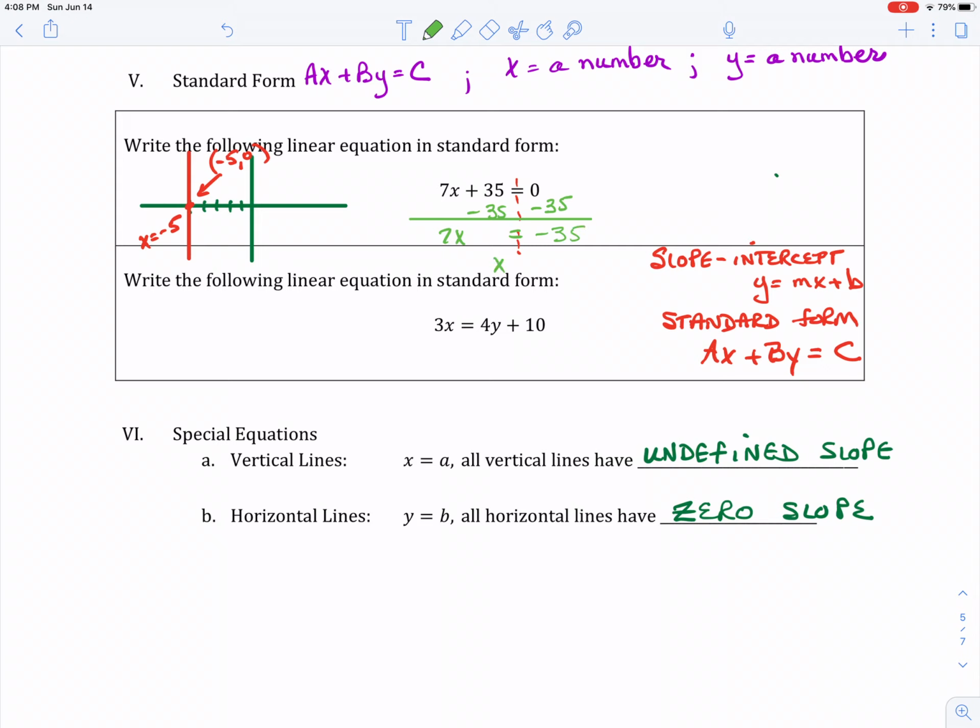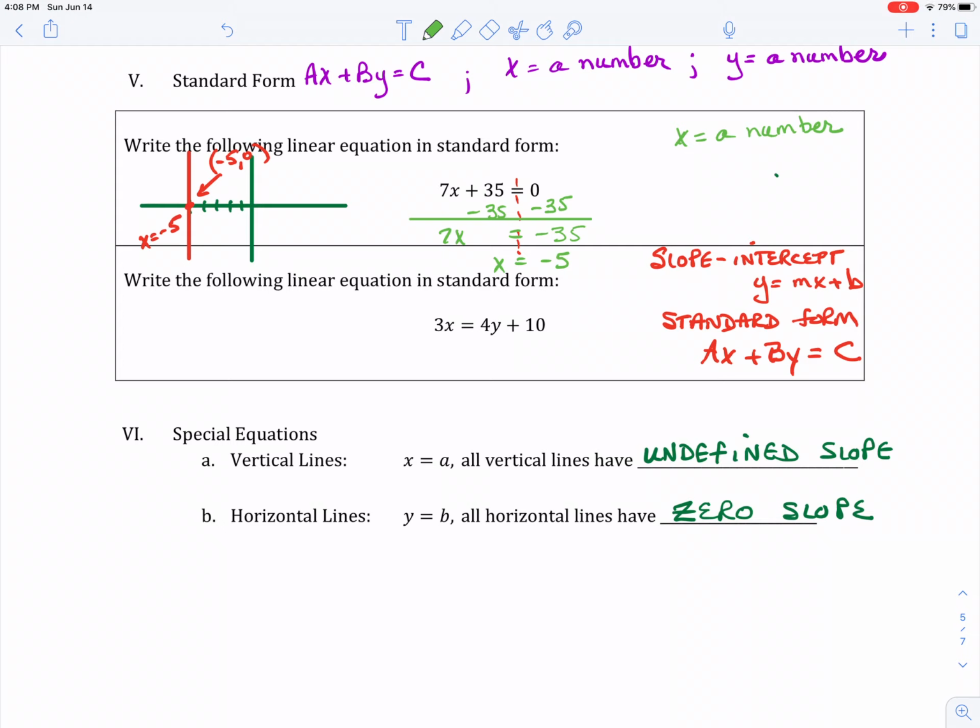And when I do that, you can see that I get x equals -5. Turns out that anytime you have something of the form x equals a number, it gives you a vertical line. And you can see I've graphed it back over there. This one does not have a y-intercept. It runs parallel to the y-axis.